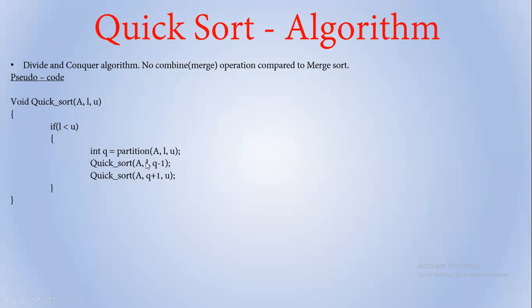That means A[0] to A[1] will be quick sorted in the first quick sort, and in the second quick sort, it is 2 plus 1, 3, and 4. The elements 3 and 4 will be quick sorted in the second quick sort, and the q value is 2 here. A[2] will not be quick sorted.